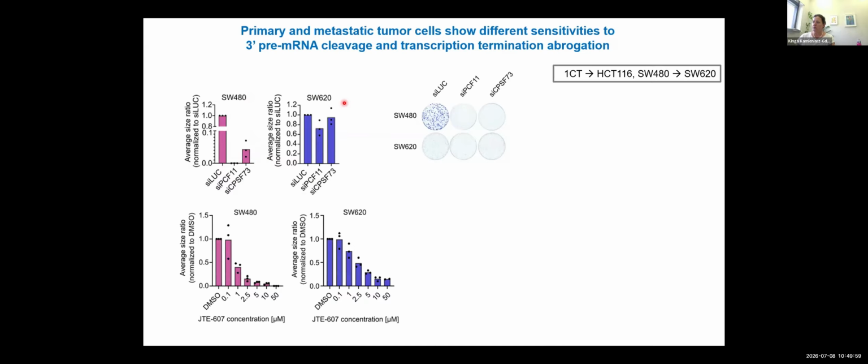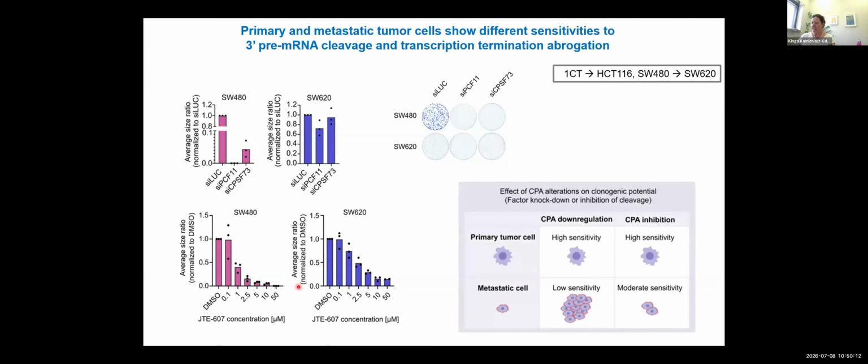And consistently with this, when using the inhibitor JTE-607, we could also see that while both cell lines responded, there was clearly a much stronger response of the cell line from primary cancer.